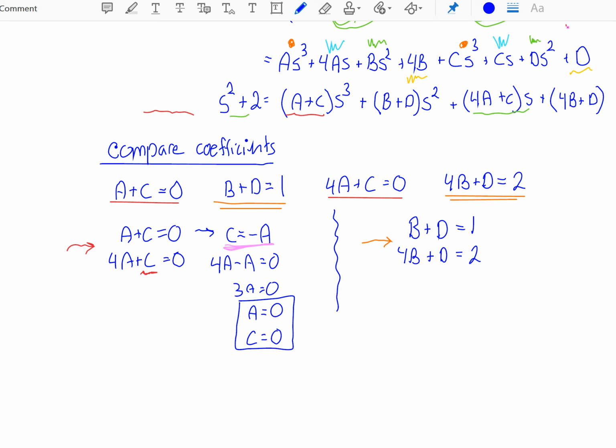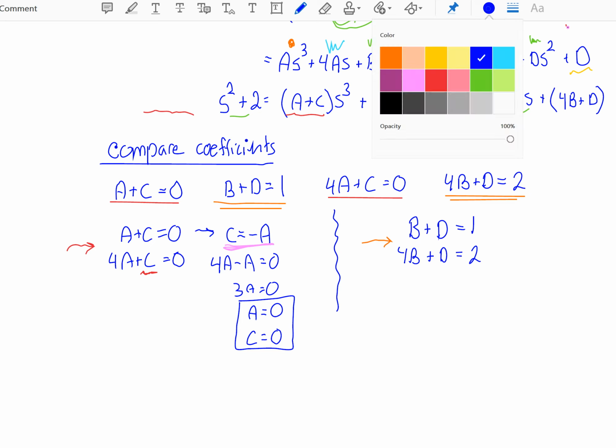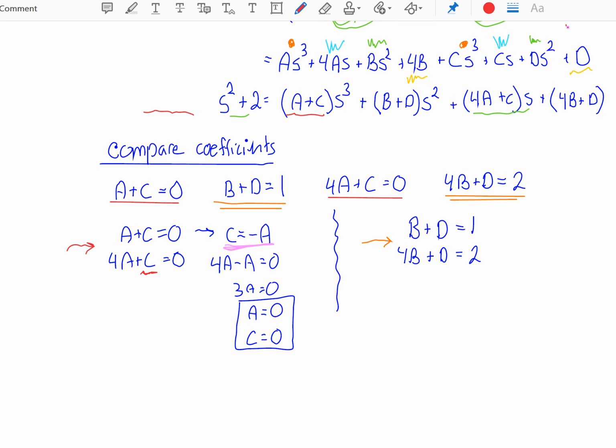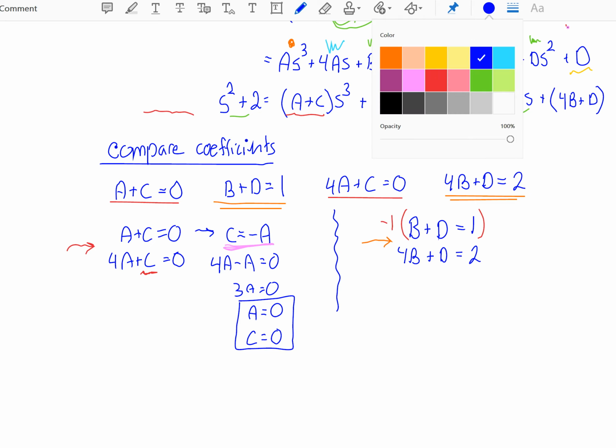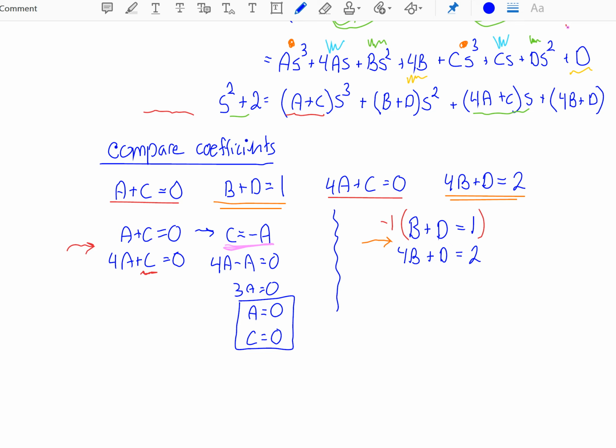Now for our second system of equations, I'm going to use the elimination method. And I'm going to choose to make the d variables cancel. So I'm going to multiply our entire first equation by -1 to obtain negative b minus d equals -1, and our second equation, 4b plus d equals 2.